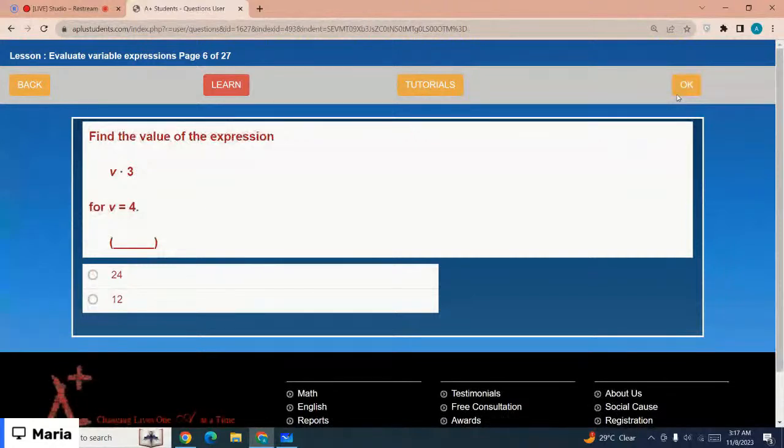Okay, the next one is find the value of the expression v times 3. The correct option is replace the v with 4, so that would be 4 times 3. Very good. So that is 12. The correct option is 12.